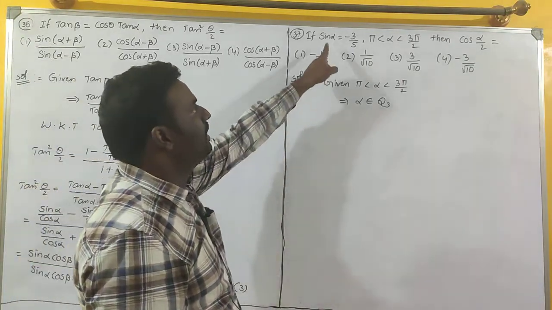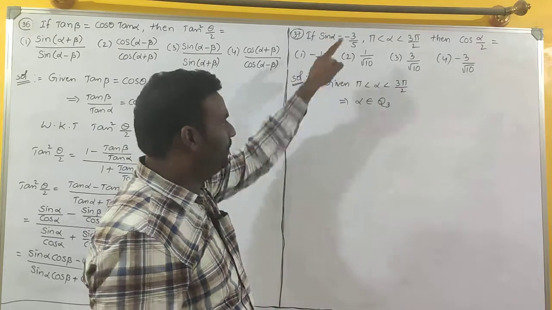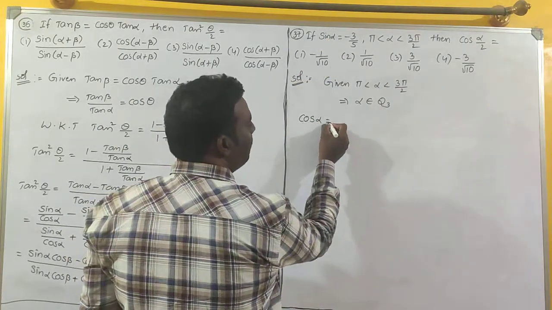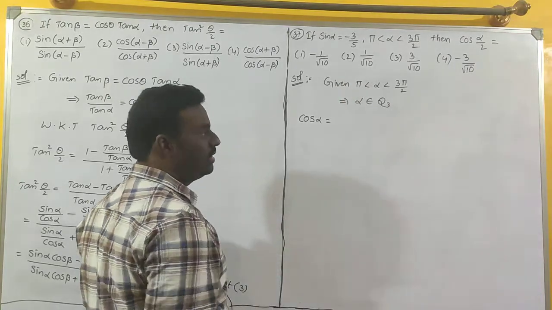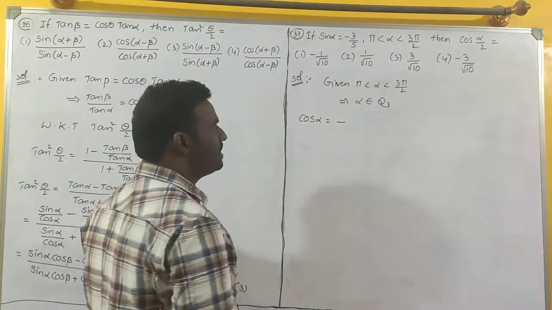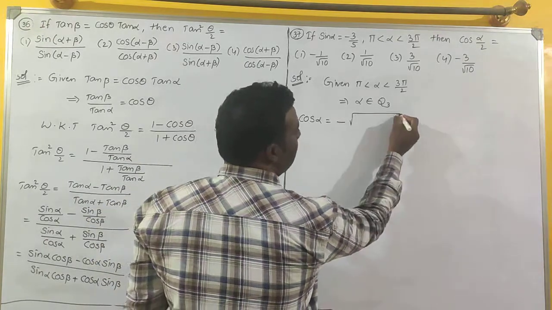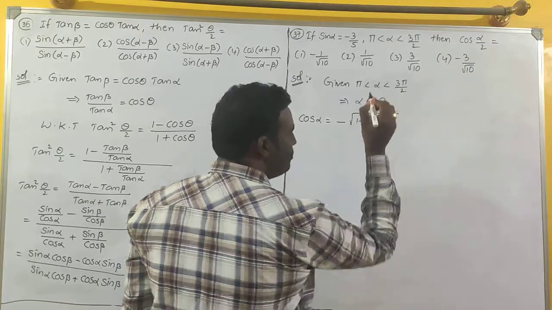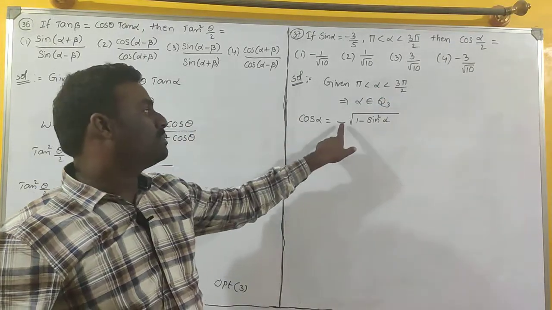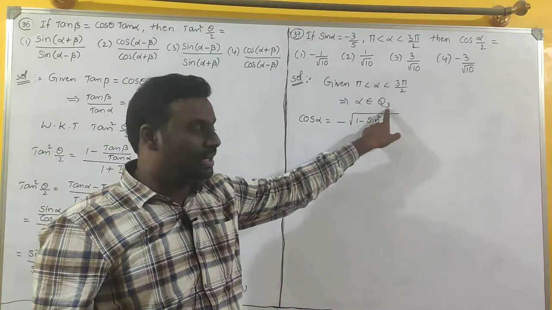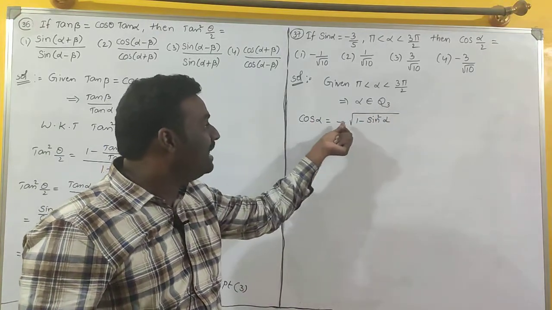Here we already know sin alpha value. Next I am finding cos alpha. Which quadrant? Third quadrant, and in the third quadrant cos is negative. Cos alpha can be written as under root of 1 minus sin square alpha. Children, don't get confused about why this minus symbol came. Alpha belongs to the third quadrant, where cos is negative.